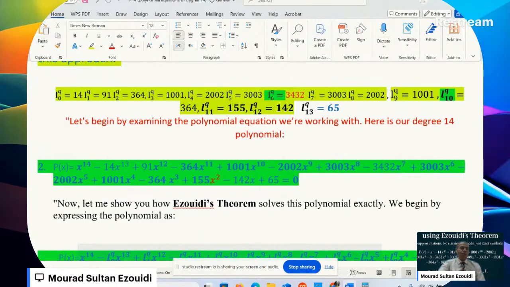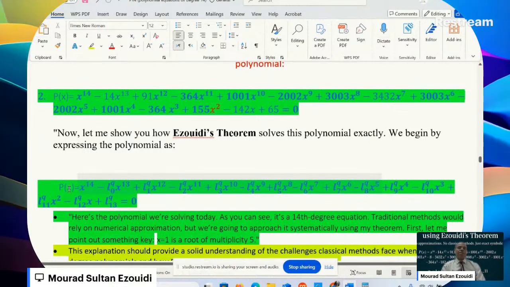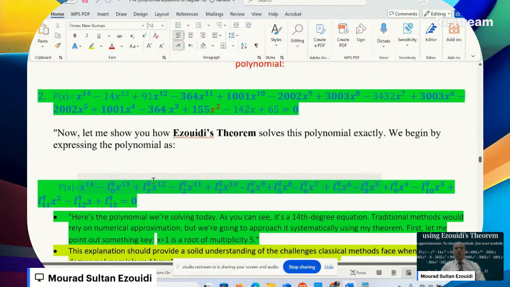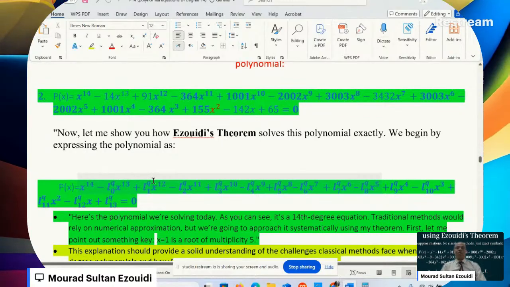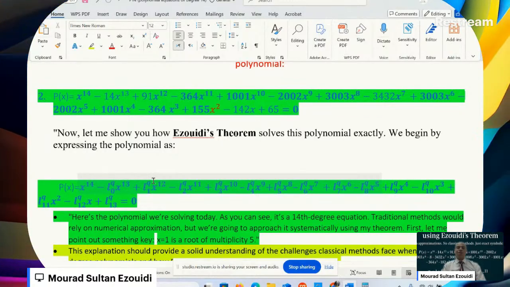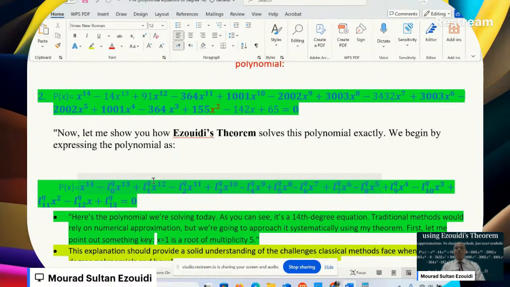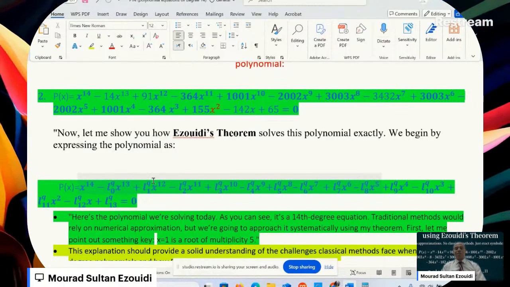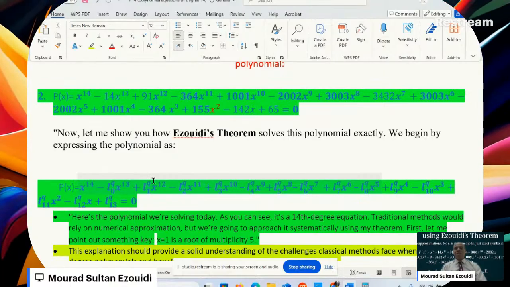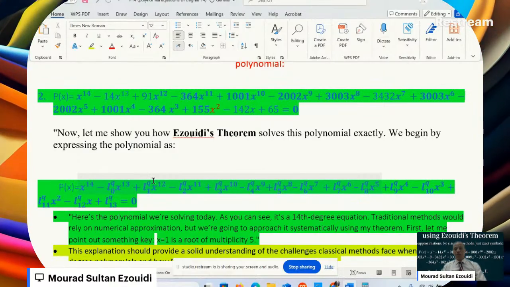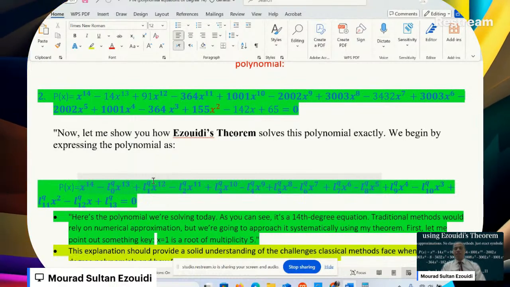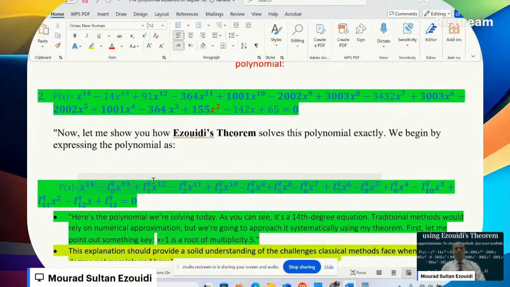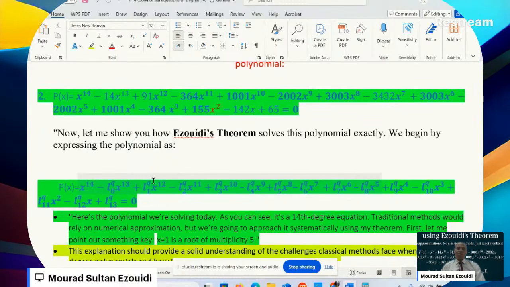We begin by expressing the polynomial as x raised to the power 14 minus L0 x raised to the power 13 plus L1 x to the power 12 minus L2 x to the power 11 plus L3 x raised to the power 10 minus L4 x to the power 9 plus L5 x raised to the power 8 minus L6 x raised to the power 7 plus L7 x raised to the power 6 minus L8 x raised to the power 5 plus L9 times x raised to the power 4 minus L10 x cubed plus L11 x squared minus L12 x plus L13 equals 0.